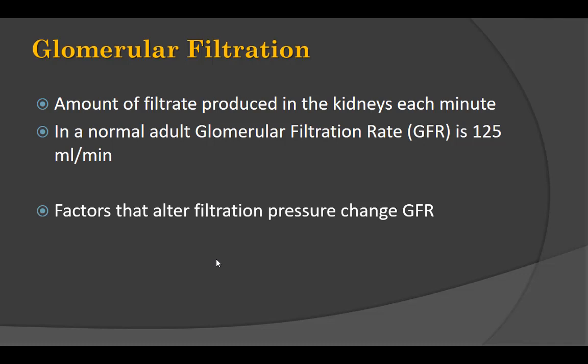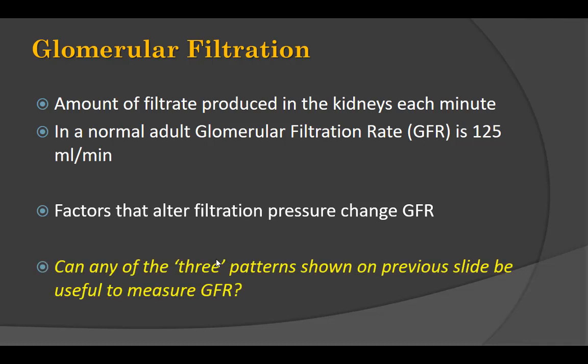Hydrostatic pressure pushes the fluid out, and plasma proteins bring the fluid back. So how much filtration pressure there is will determine how much fluid goes out. So any factor that alters filtration pressure will change the GFR. Simple as that. All right.